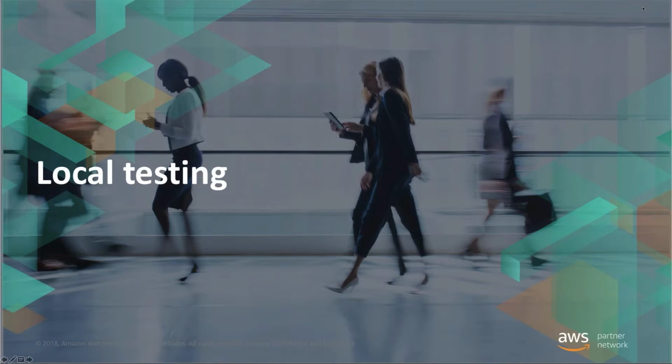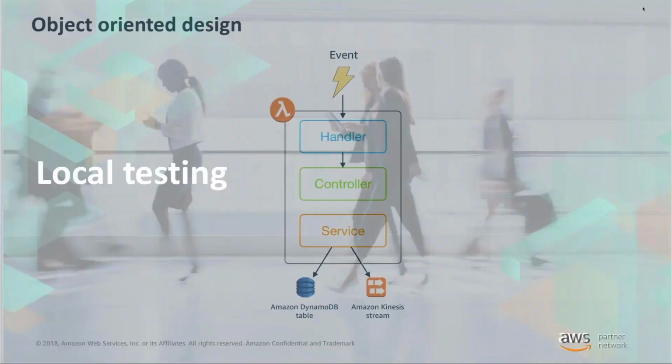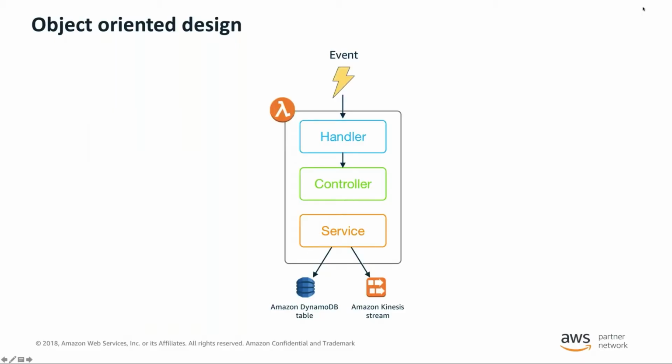But what does need to change a little bit is how you manage local testing. And so I think the first piece to talk about plays into how you manage unit testing in general.